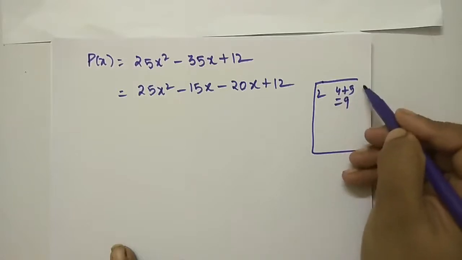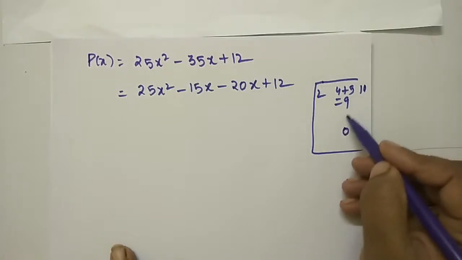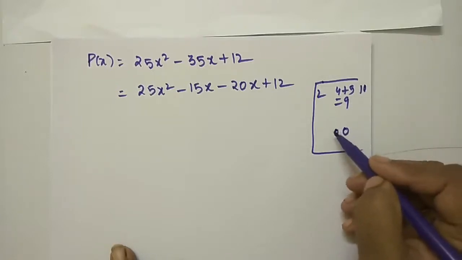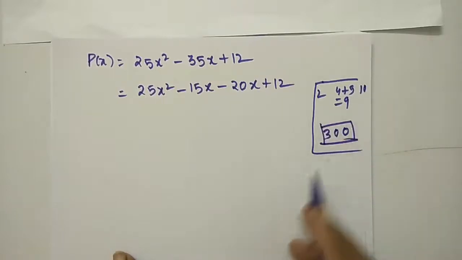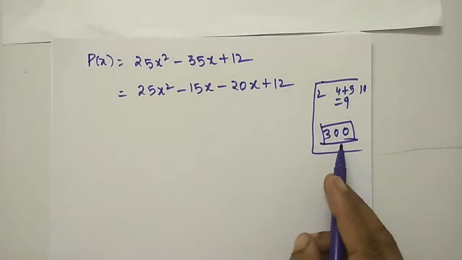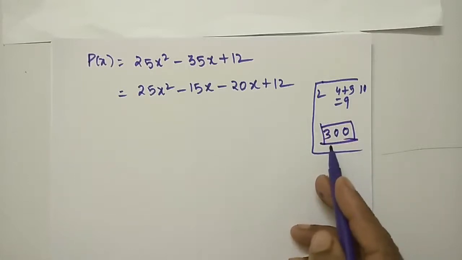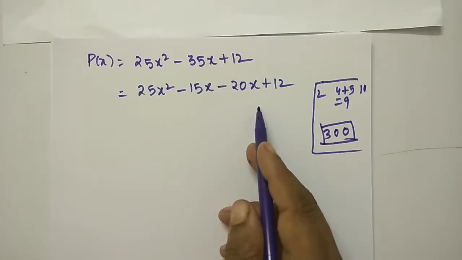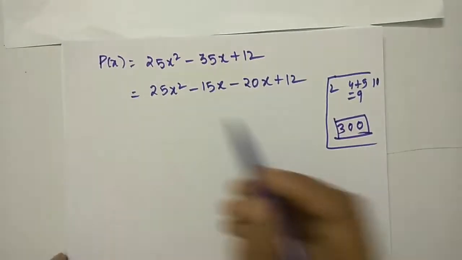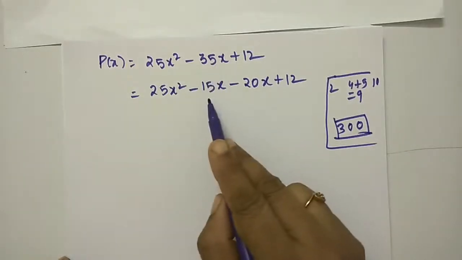This is the value I got using the multiplication trick, 300. The factors of this 300 are 15 and 20, because 15 plus 20 you will get 35, right? So I have taken 15 and 20.